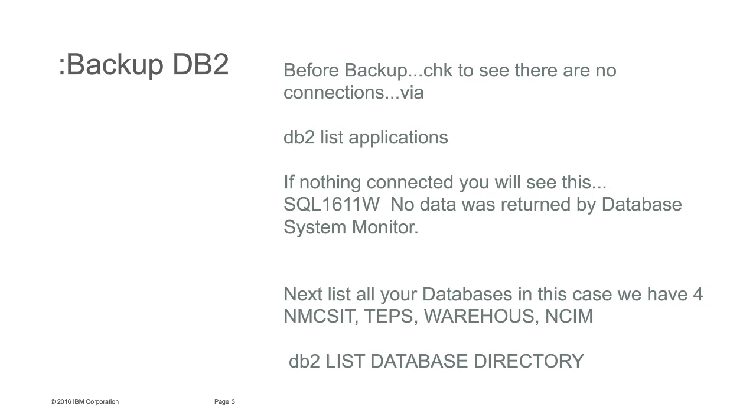If DB2 is not stopped and turned off, you'll get an error returned. If it is, then you won't get any error. Also, you can run the DB2 list database directory to list all the databases you have involved for your upgrade.